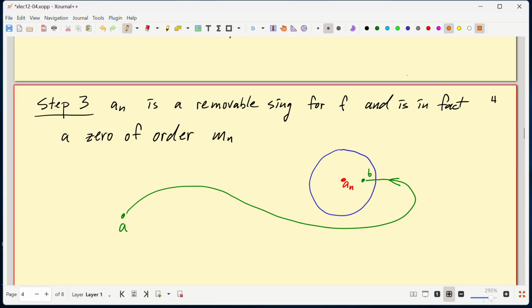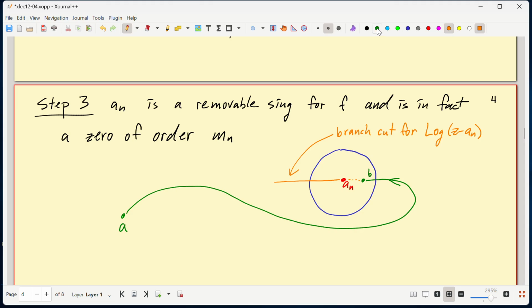Let's see. I'll take a branch cut going like that, and I'll go dot, dot, dot. My B is on that same branch cut for the principal branch. So this orange thing here is a branch cut for the principal branch, capital Log of z minus a_n.